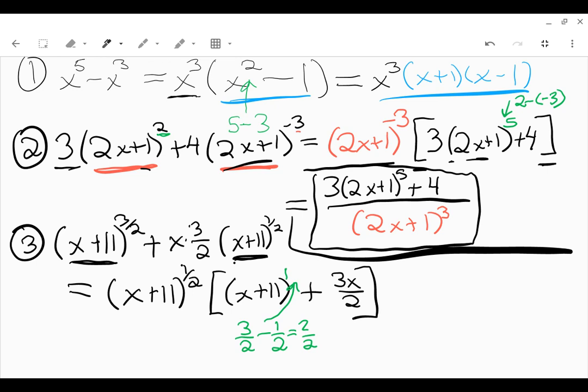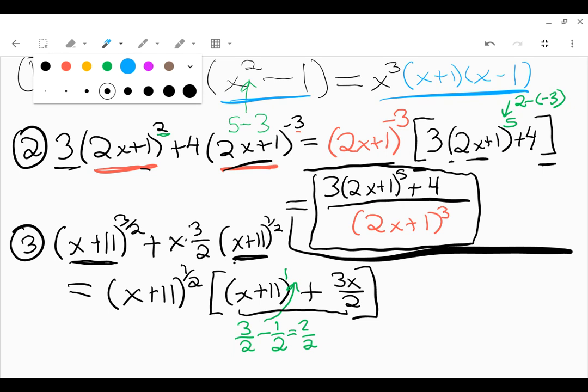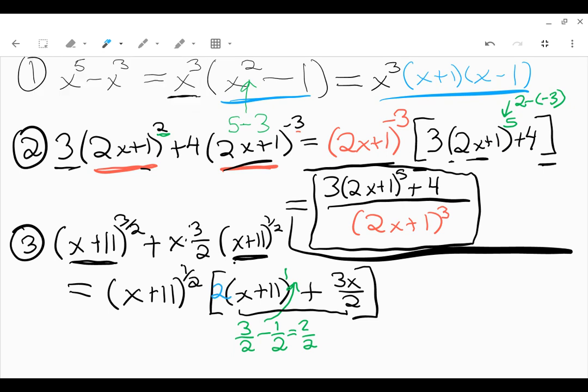So now in your final answer, we shouldn't really have the fraction here. We should probably combine these terms. So to do that, I would multiply the numerator and denominator here times 2. So multiply by 2/2 here so that you can combine those terms inside the brackets.